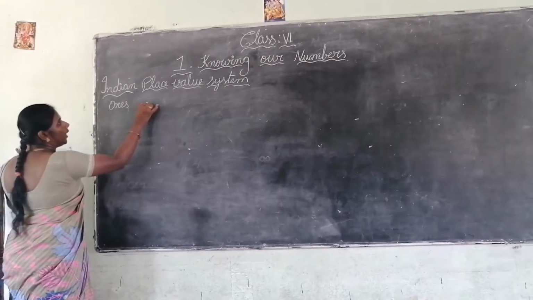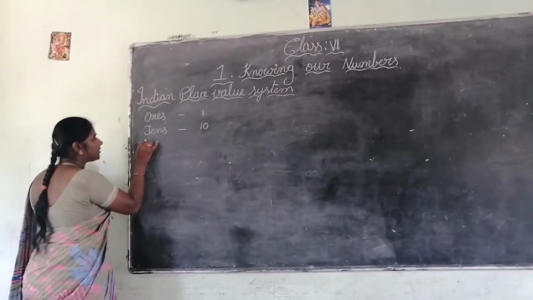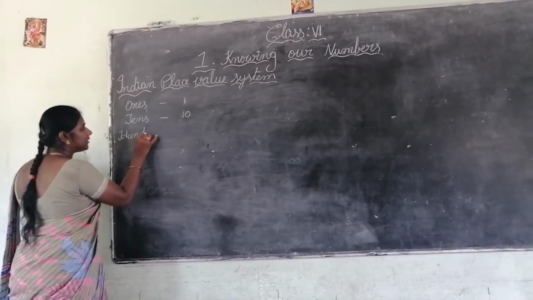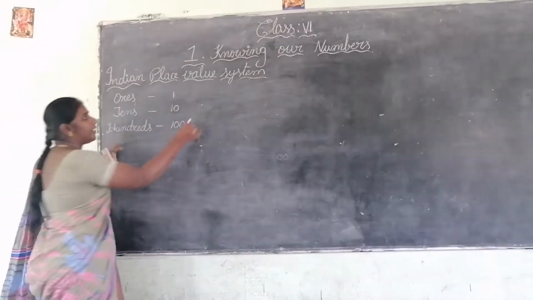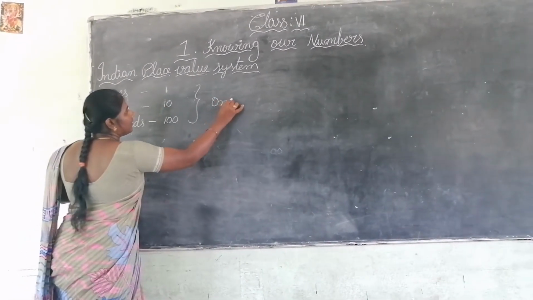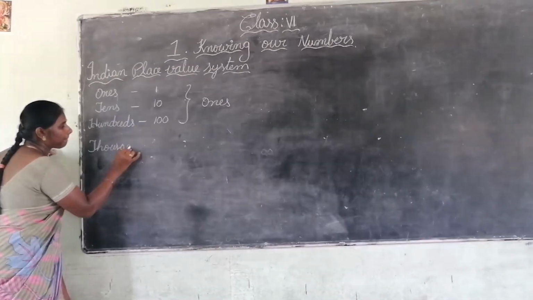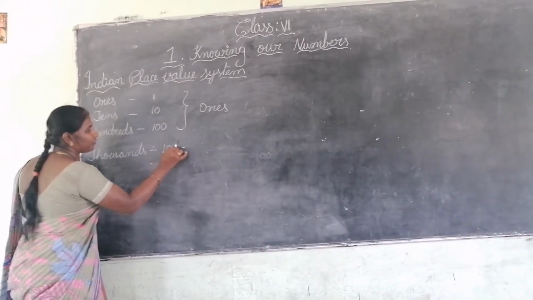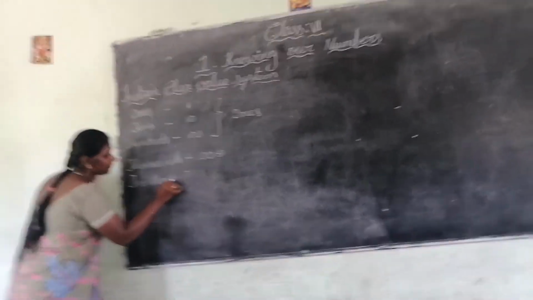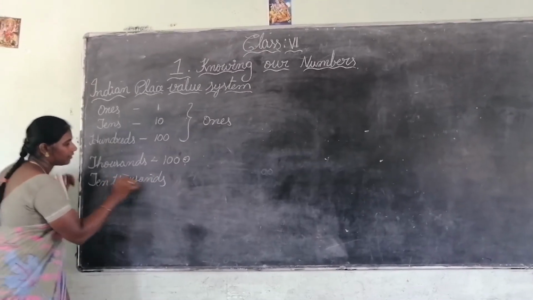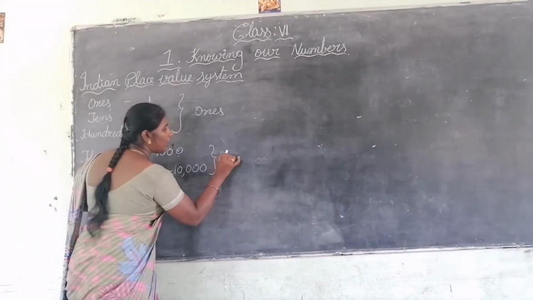Ones, 1, tens, 10, hundreds, 100. These three, ones, tens, hundreds, come under the ones period. Thousands, ten thousands. These two come under the thousands period.